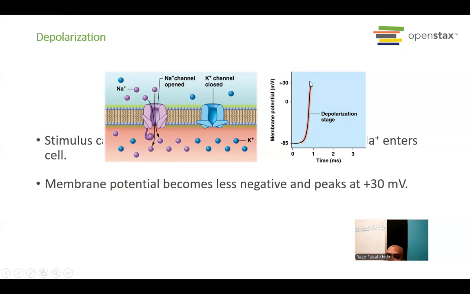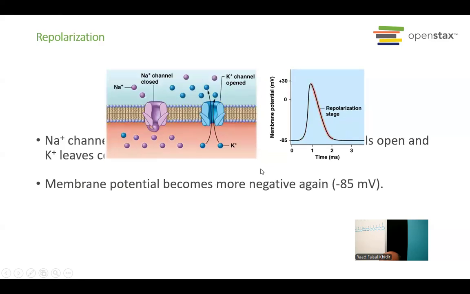When you go up here, positive 30, that is the peak of the action potential. So the membrane becomes less negative and peaks at plus 30 millivolts.